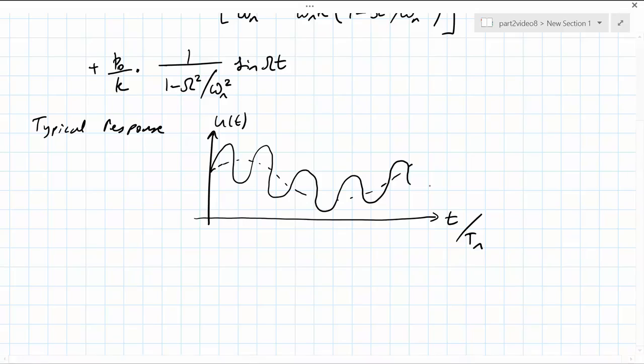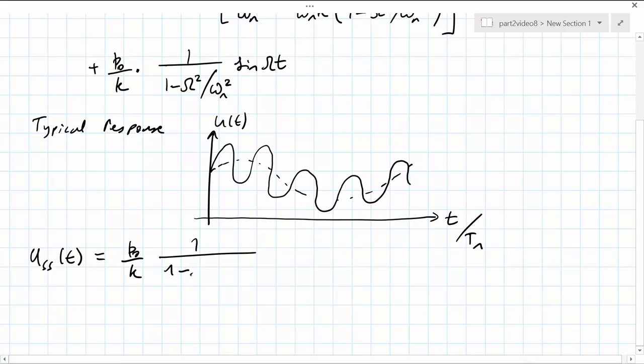The steady state response we denote by u subscript ss, and that's equal to p naught over k times 1 over 1 minus the forcing frequency squared divided by the natural frequency squared, times sine capital Omega t.